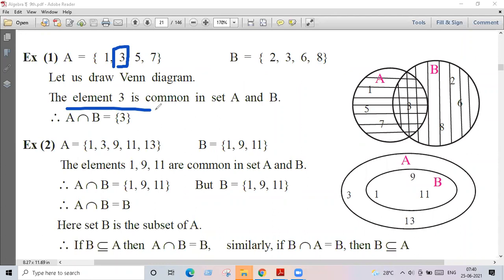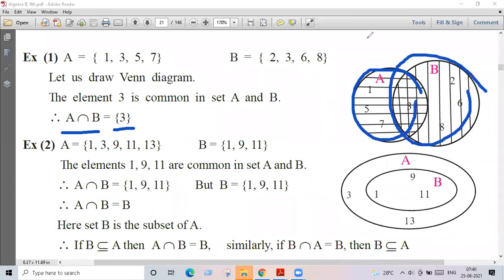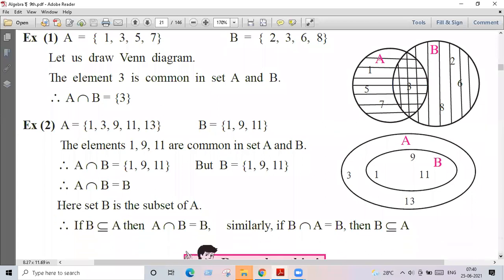Element 3 is common in sets A and B. We can represent it like this in a Venn diagram. So, A intersection B is equal to 3. 3 is in A and also in B. Similarly, we will have one more example.